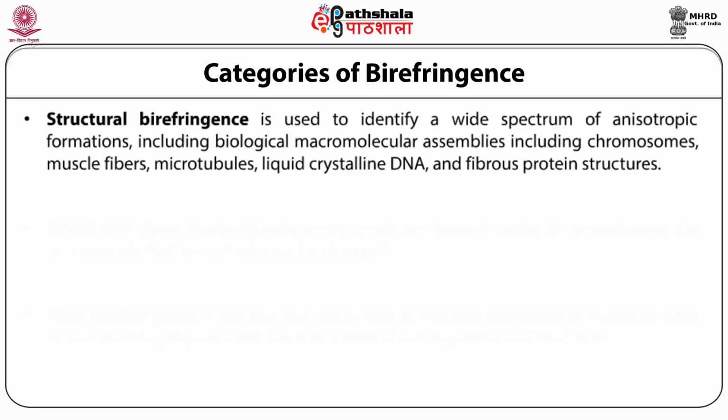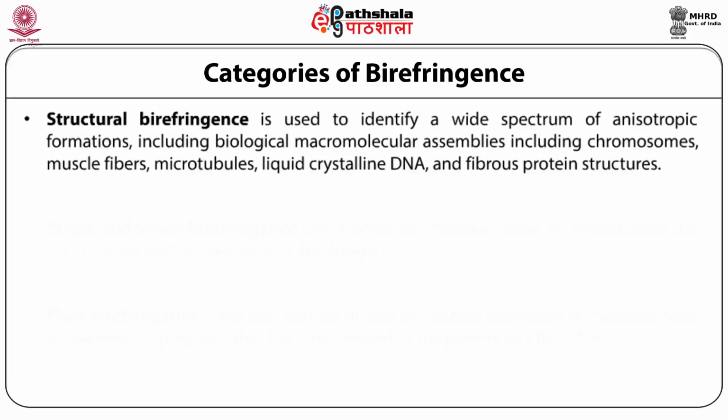Structural birefringence is used to identify a wide spectrum of anisotropic formations including biological macromolecular assemblies such as chromosomes, molecular fibers, microtubules, liquid crystalline DNA and fibrous protein structures including hair.